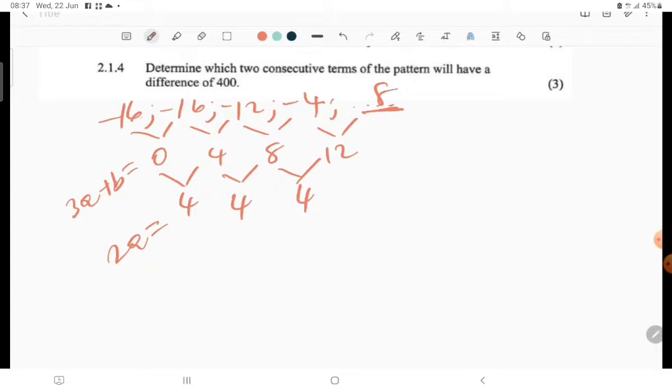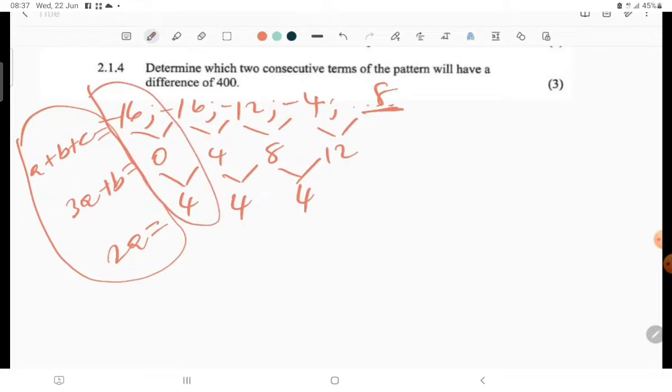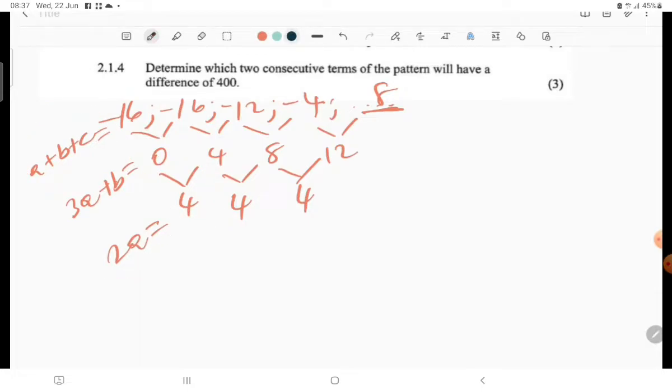Then the first term is equal to A plus B plus C. So this is what you have. You just need to use these numbers to find the values of A, B, and C respectively.